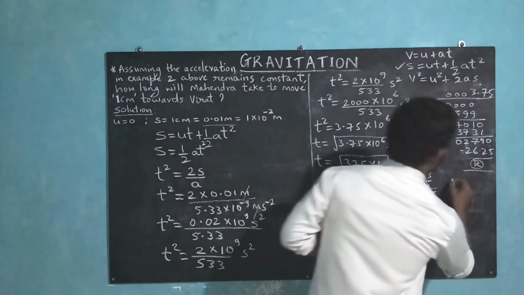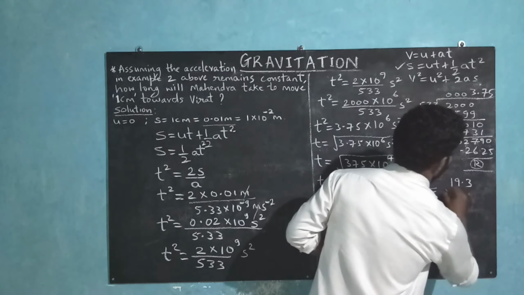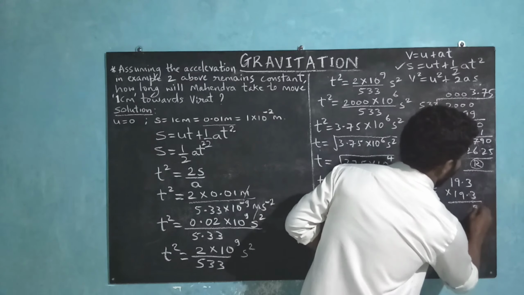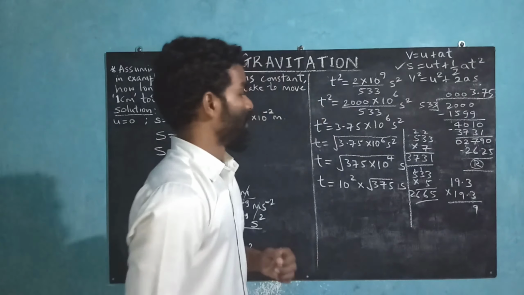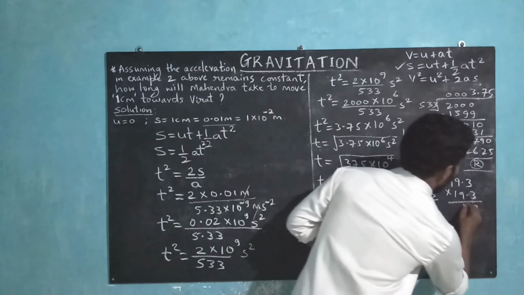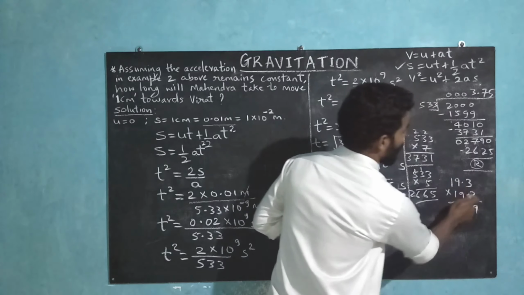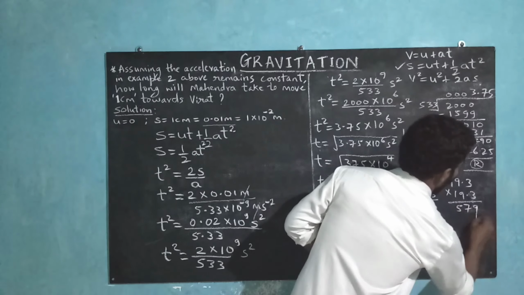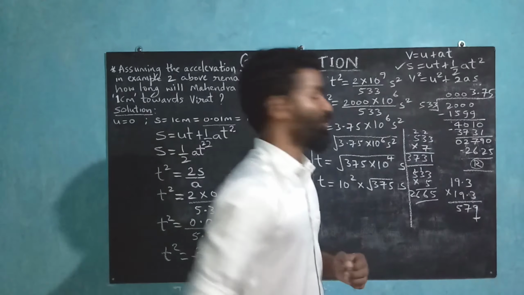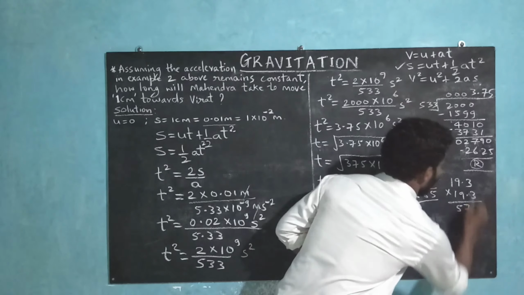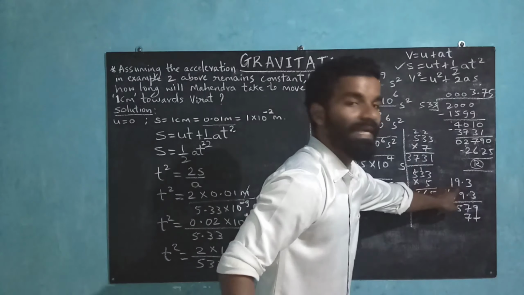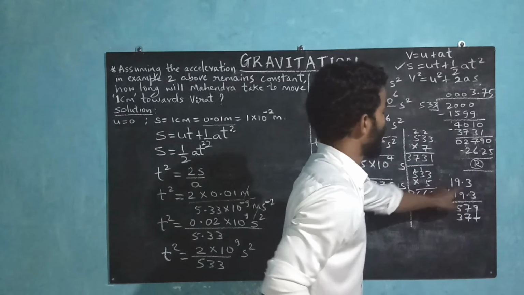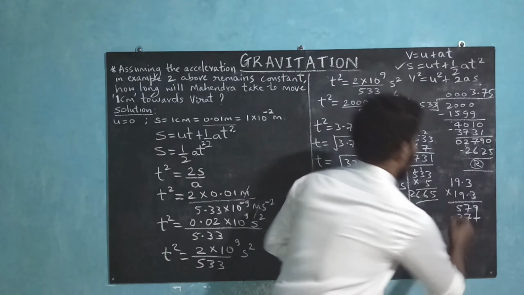So let's try 19.3 into 19.3. 3 into 3 is 9. Next, 9 into 3 is 27. Carry 2. 3 into 1 is 3 plus that 2, 5, 7, 9. Then next, 9 into 3 is 27. Carry 2. 9 into 9 is 81 plus 2, 83. Carry 8. 9 into 1 is 9 and 8, 17.